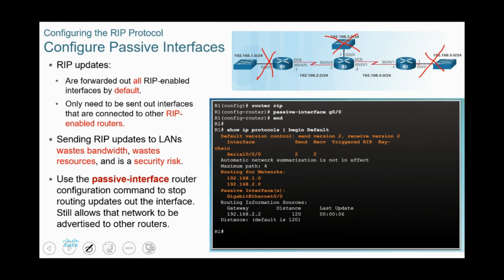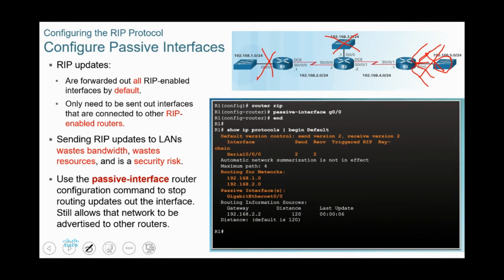The reason is that you are not communicating with a router. There is no router here, yet every 30 seconds, if your configuration is correctly done, router 3 will advertise the network out of these interfaces. When a hacker comes in, he can easily get your routing information updates freely, because every 30 seconds you are broadcasting out from the interface. But in fact, you are not talking to a router, you're just facing an end device. So it is a high security risk when you don't use a passive interface.